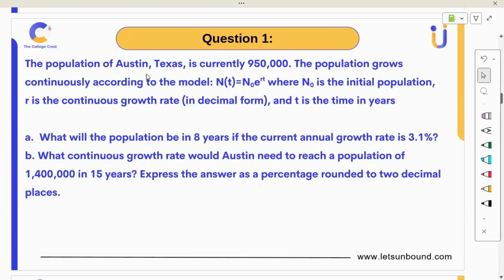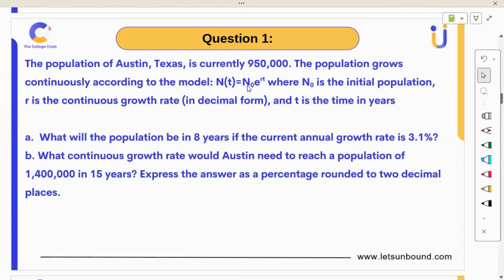A: What will the population be in 8 years if the current annual growth rate is 3.1%? B: What continuous growth rate would Austin need to reach a population of 1,400,000 in 15 years? Express the answer as a percentage rounded to 2 decimal places.